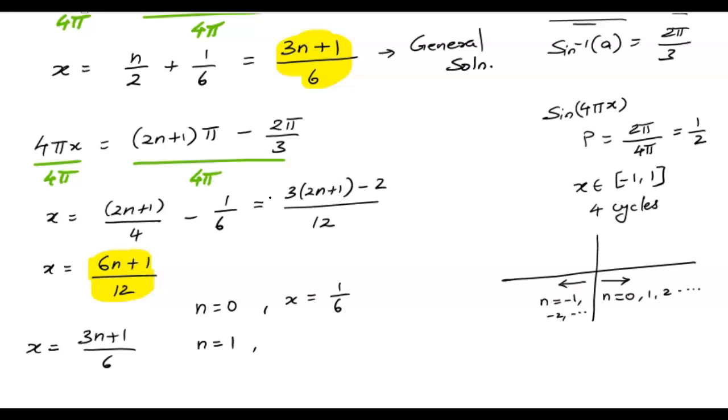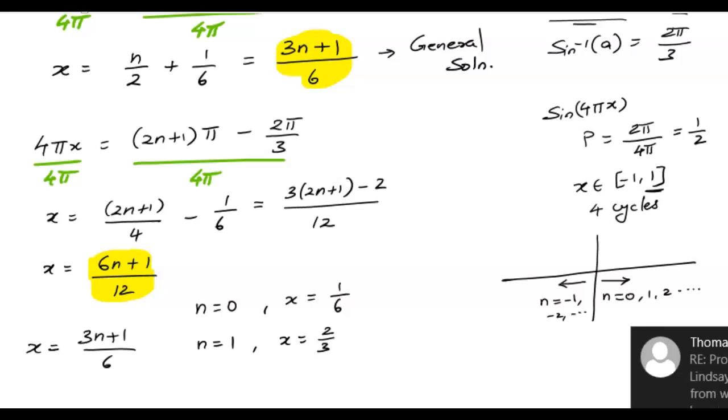When n is equal to 1, we're going to have x is equal to 3 plus 1, 4. 4 on 6 simplifies as 2/3. N is equal to 2. 3 times 2 is 6. 6 plus 1, 7. 7 on 6 is a number that is going to be greater than 1, which in this case falls outside the domain we're dealing with, right? So that finishes the answer for that particular section.